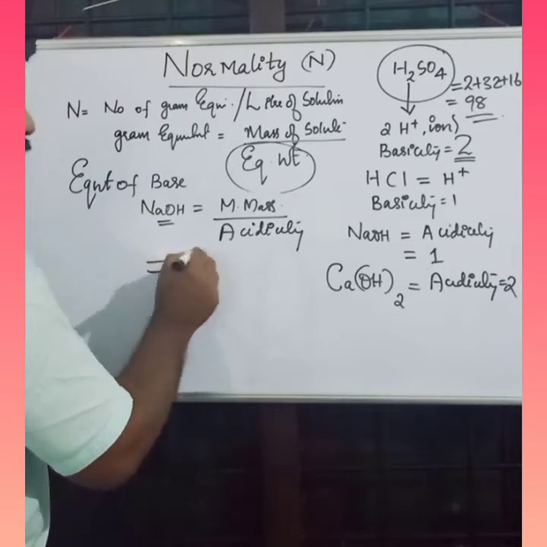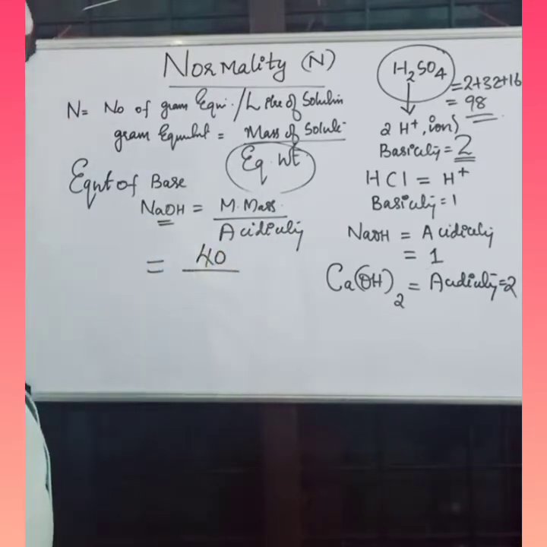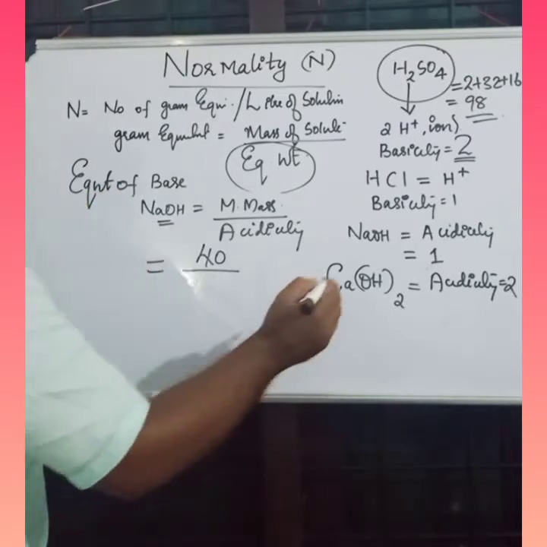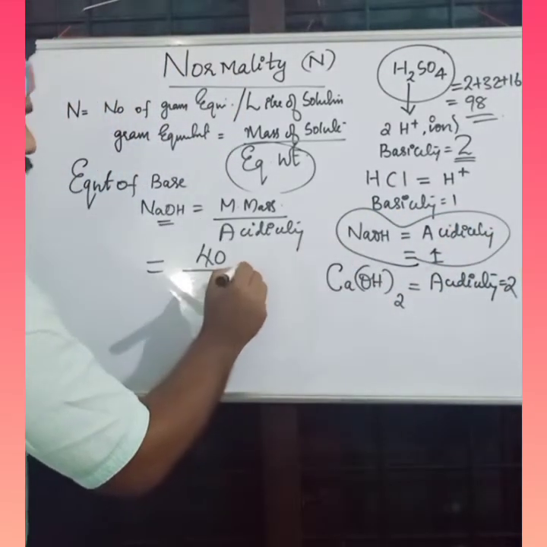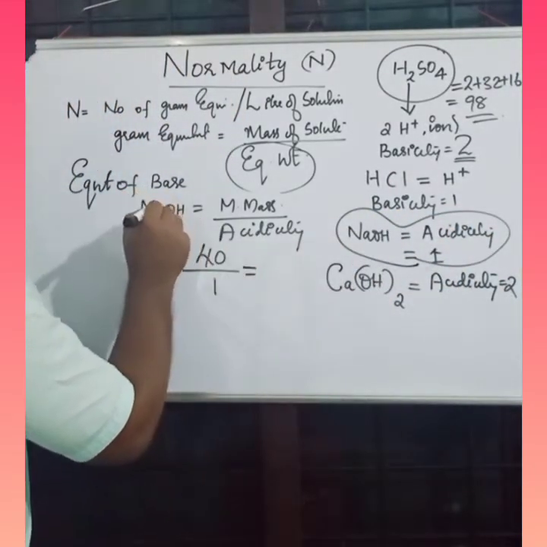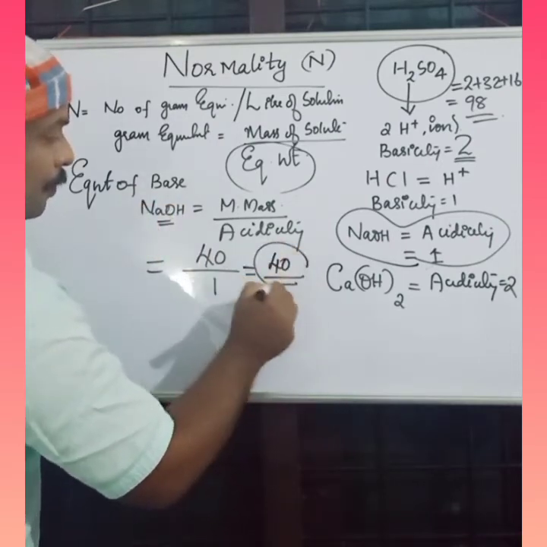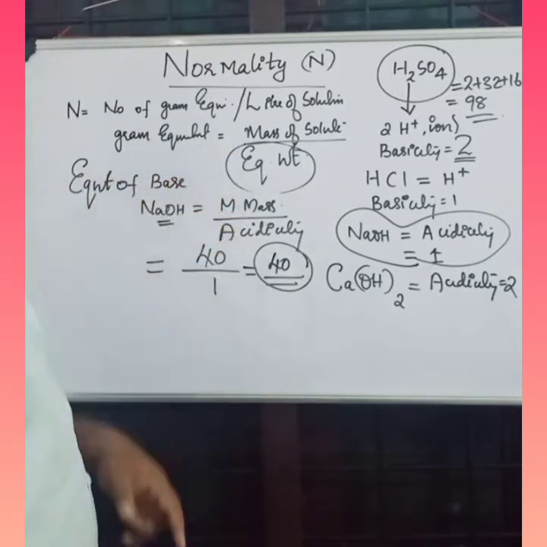The molecular mass of NaOH is 40, divided by the acidicity of NaOH, the number of replaceable OH minus ions, which is equal to 1. So the equivalent weight of the base NaOH is 40 itself.